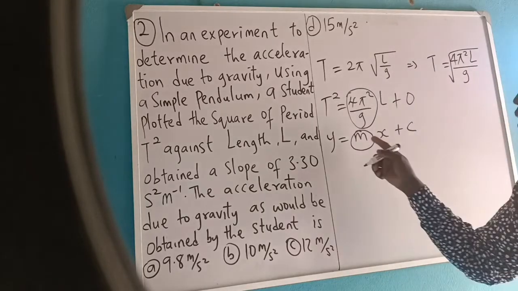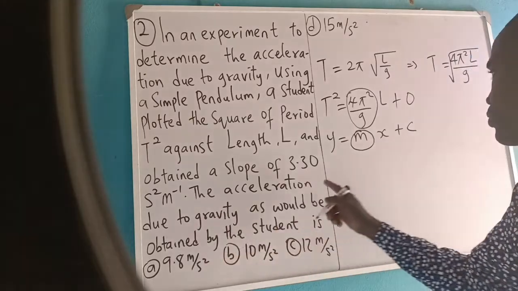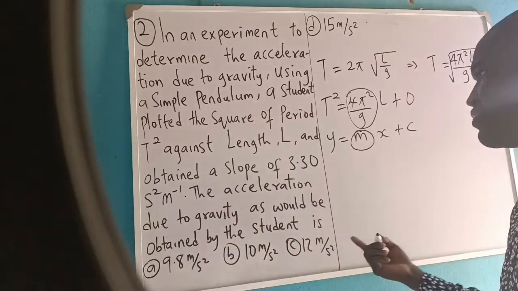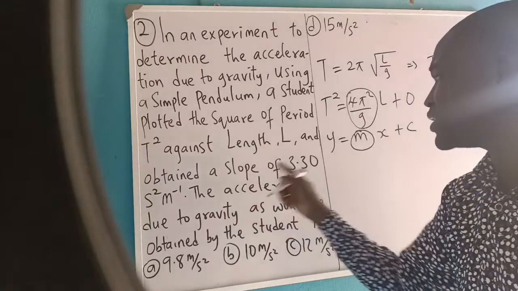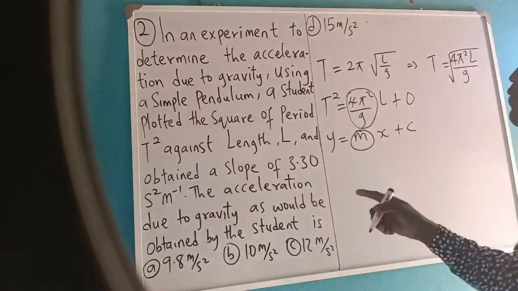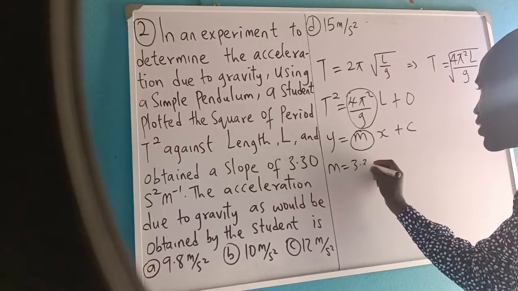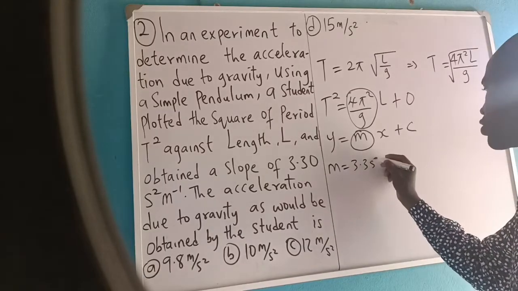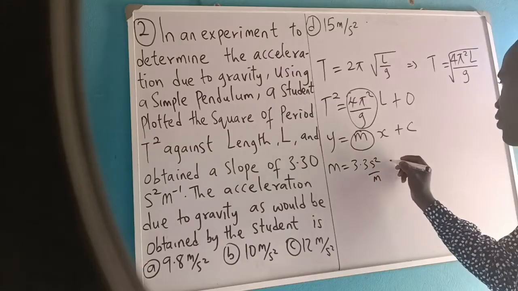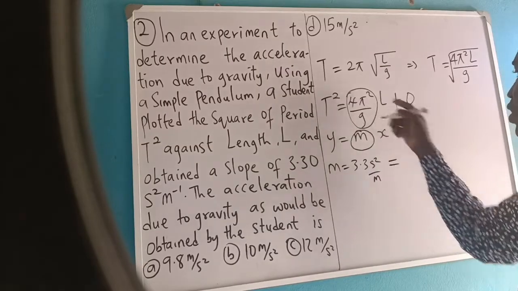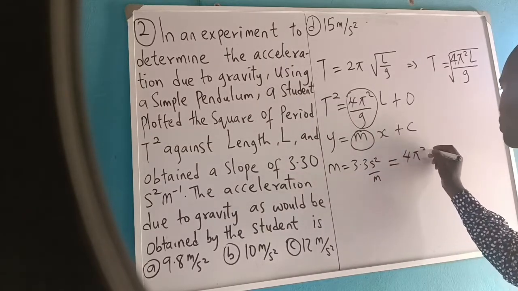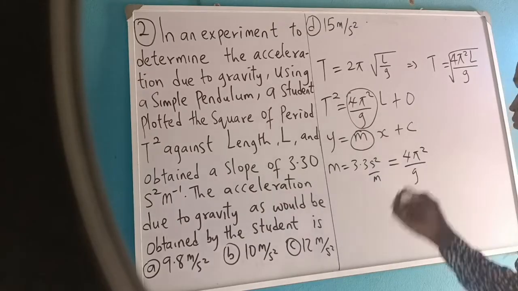And so they say that the slope was, okay, they said the slope is 3.3. So if they say the slope is 3.3, it means that m is equal to 3.3 second square over meter. And that m is equal to 4 pi square over what? g.